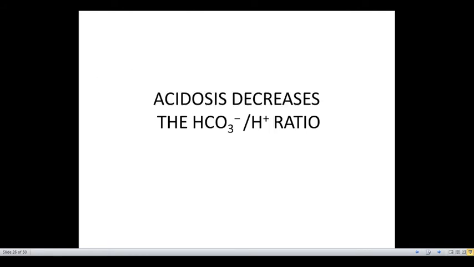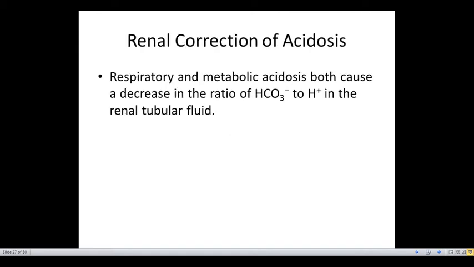Now, acidosis decreases the bicarbonate ion hydrogen ion ratio in renal tubular fluids. Respiratory and metabolic acidosis both cause a decrease in the ratio of bicarbonate ions to hydrogen ions in the renal tubular fluid.